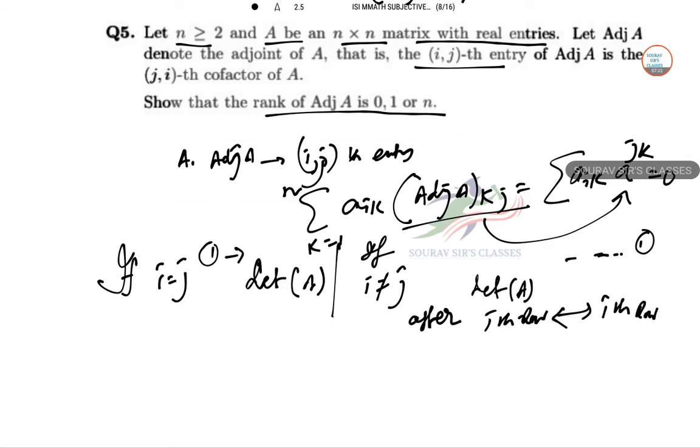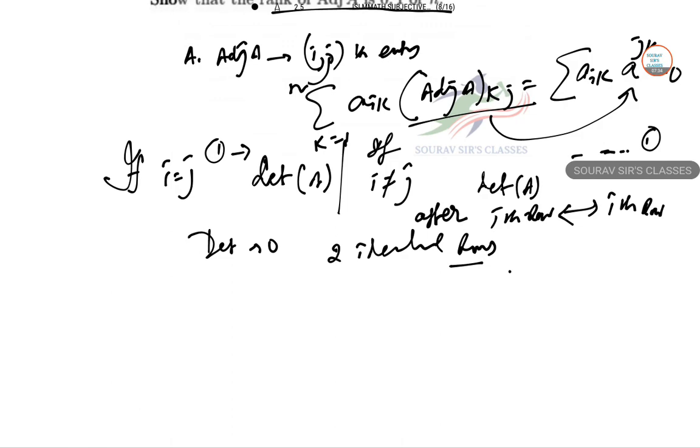Such a determinant is 0, as the matrix has two identical rows. So we see that A times the adjoint of A is 0.